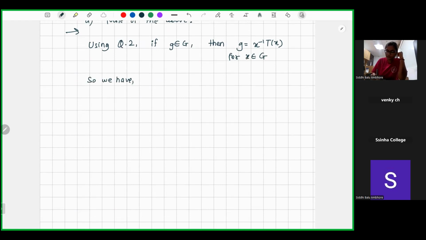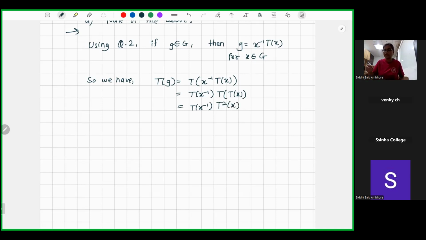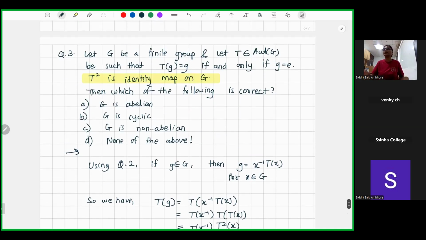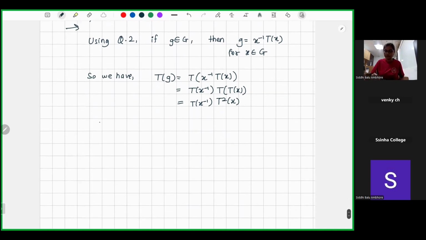So we have that T of g is T of x inverse Tx, that is T of x inverse T of Tx, right? T is my group homomorphism. So this implies T of x inverse is there as it is, but T of Tx is my T square x, and we are given that T square is the identity map.